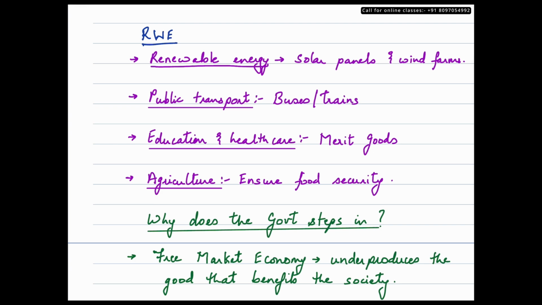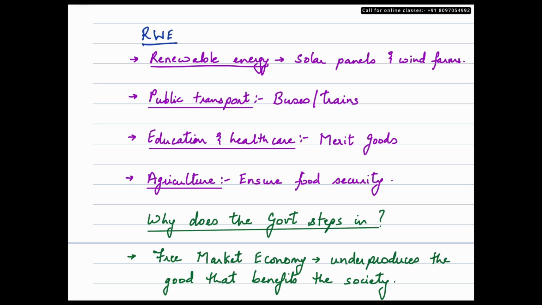The next thing that you could quote an example is education and healthcare. Now government would subsidize education and healthcare because these are merit goods, and people generally tend to underconsume merit goods because we don't know the benefits that they are providing not only to you but to others as well.